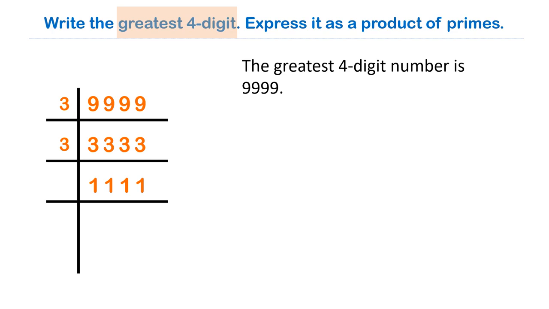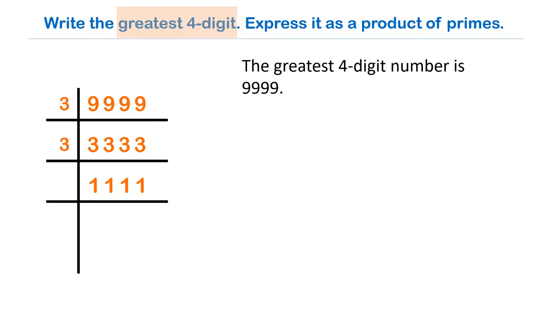Again, 1111 is an odd number. So to check whether 1111 is divisible by 3 or not, we use the divisibility test of 3. So add the digits. 1 plus 1 plus 1 plus 1 is equal to 4. Since 4 is not divisible by 3, the entire number is not divisible by 3.